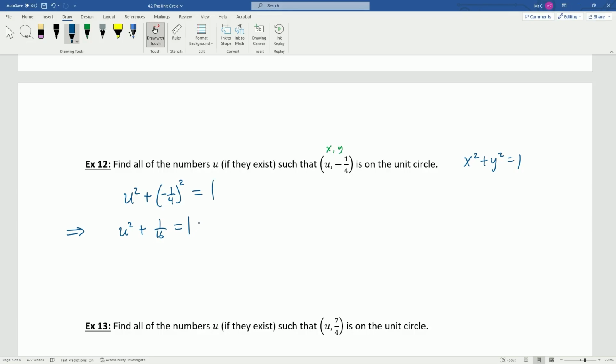And so if I subtract 1/16, 1 minus 1/16 is 15 over 16. So I get u squared equals 15 over 16. And if I take the square root of both sides, I get u equals plus or minus the square root of 15 over 16, which is plus or minus the square root of 15 over 4. So those are the two possible values of u that would put this point on the unit circle.